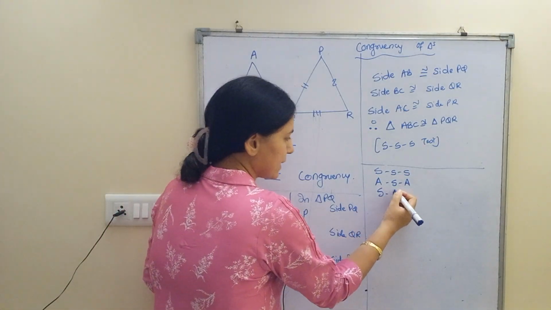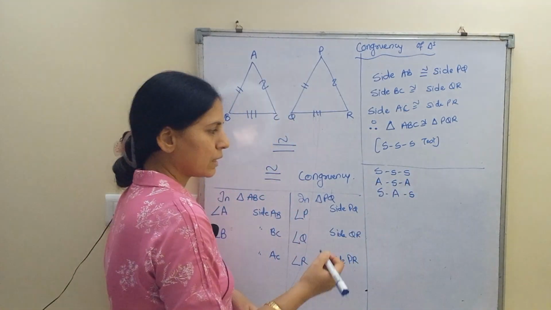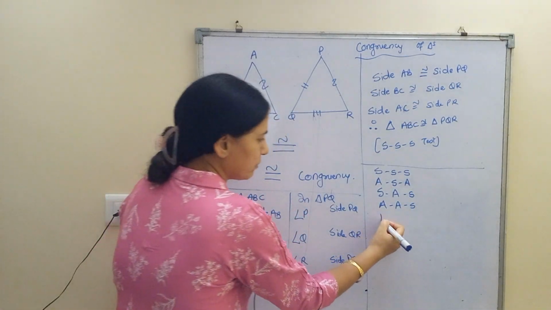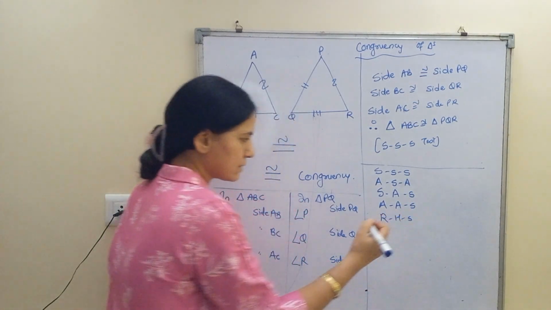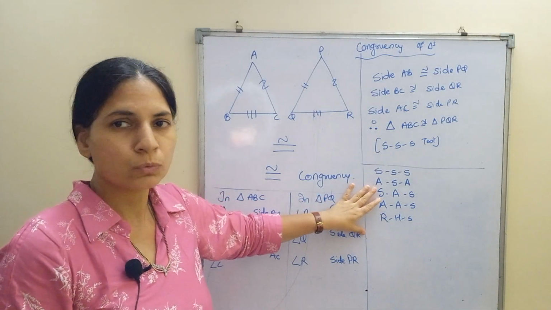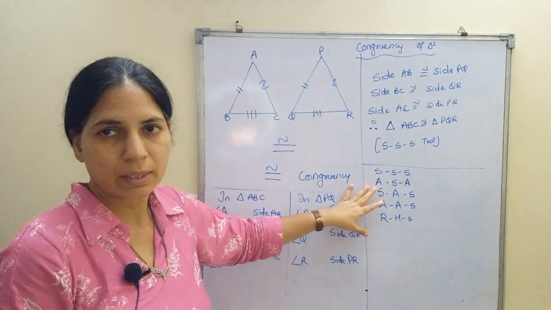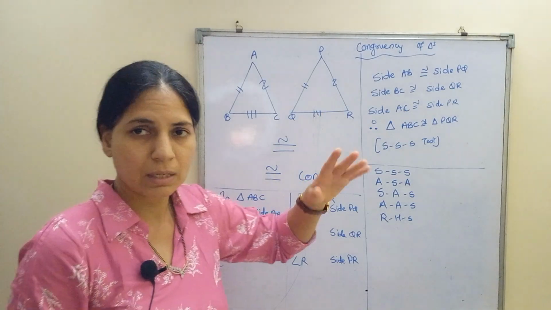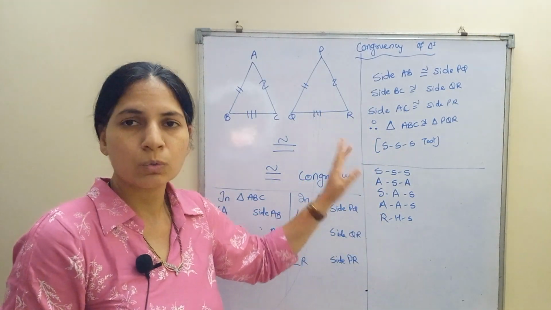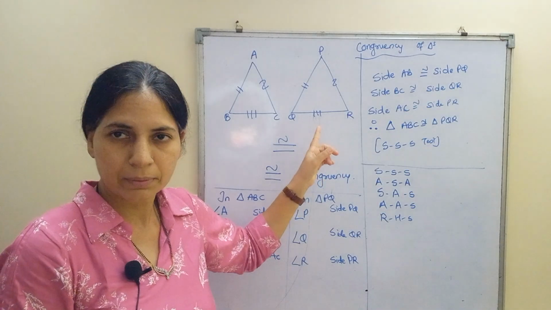Then we can say SAS. Then we have RHS. That's it. 1, 2, 3, 4, 5. Only 5 of it. You never have SSA or ASS. Other than SSA, ASS, all other combinations are valid to make two triangles congruent.